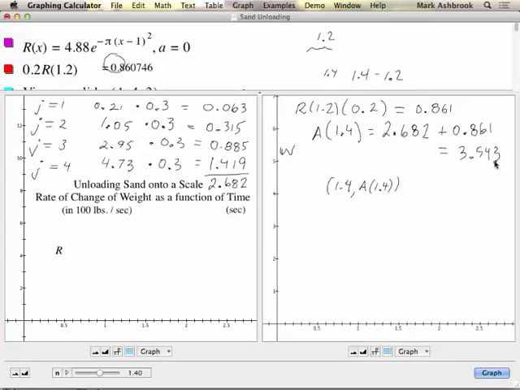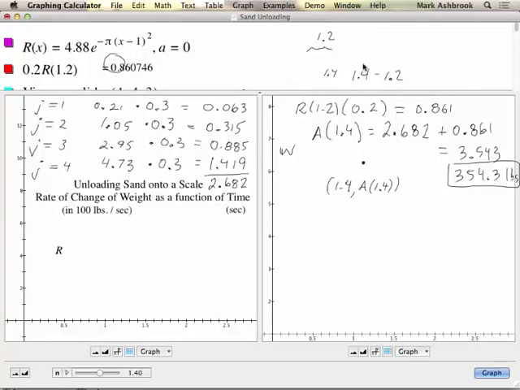So how many hundreds of pounds of sand are on the scale? 354.3 at 1.4 seconds. Exact or approximate? It's approximate, based on our step function, which is pretend. 354.3 pounds. All right, so now let's check it.